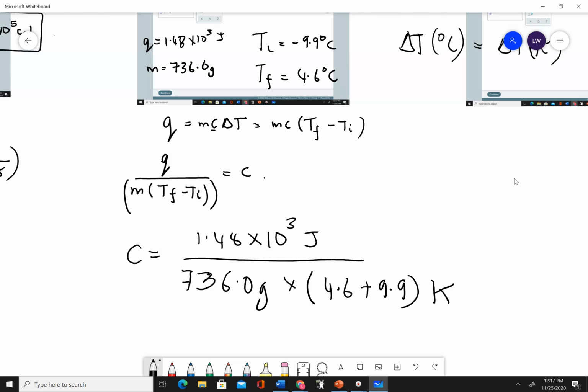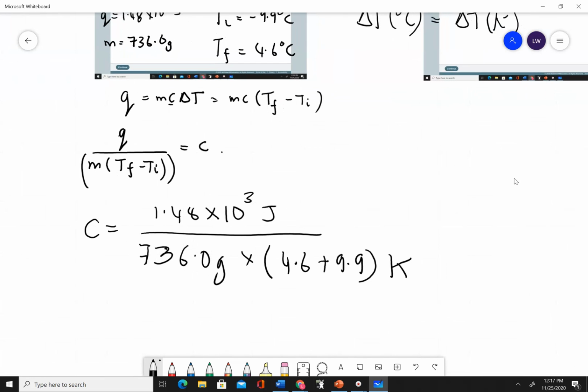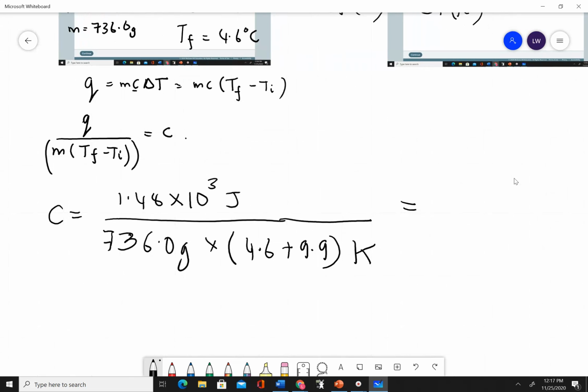And as I said, even though we're doing the difference in Celsius, it works out to be exactly the same in Kelvin units. So our units here are looking good. It's going to be joules per gram per degree Kelvin as requested.